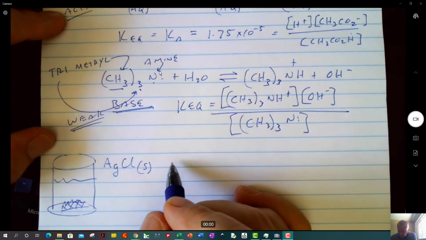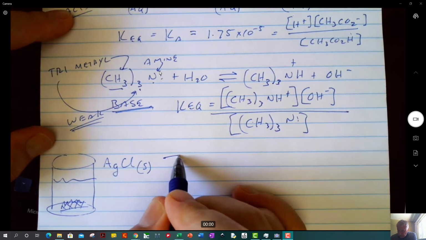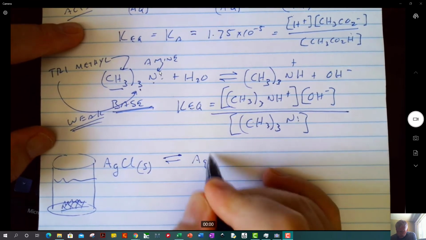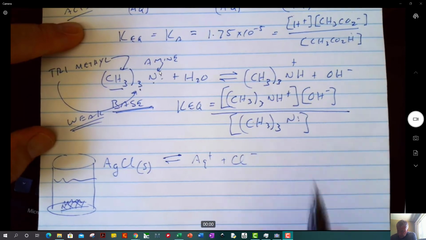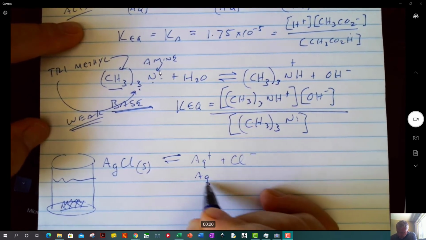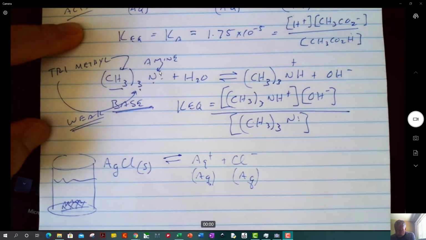And this solid is only slightly soluble, and so when you dissolve it, it will form Ag+ ions and Cl- ions, right? Those are the likely products of the dissolution of AgCl, right?